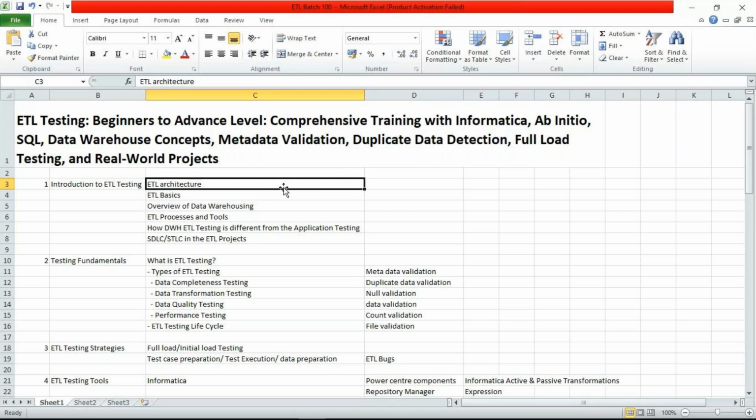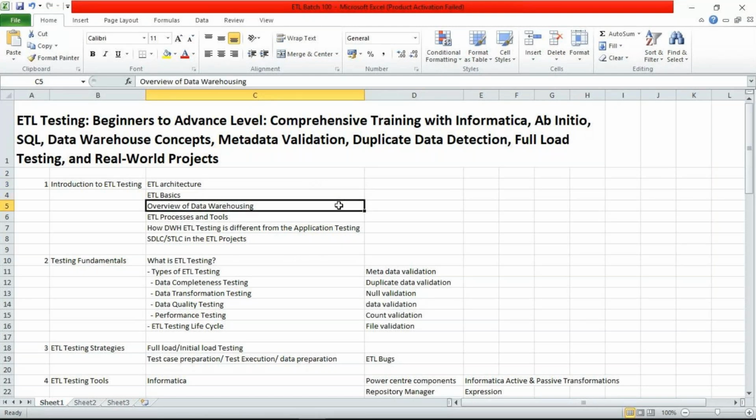What is the use of ETL in industry in real time, and why ETL is important. All such things we'll try to understand in ETL basics and ETL architecture. Then we'll see an overview of data warehousing. Data warehousing is a part of ETL. So what is data warehousing?